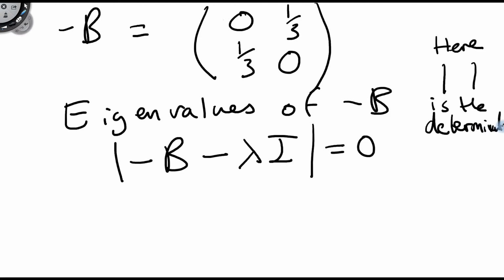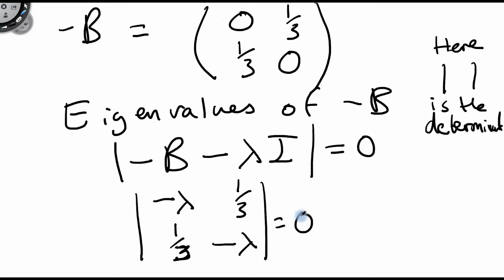So plug those in. We just take lambda off the diagonal, then multiply the diagonal and take off the off-diagonal.